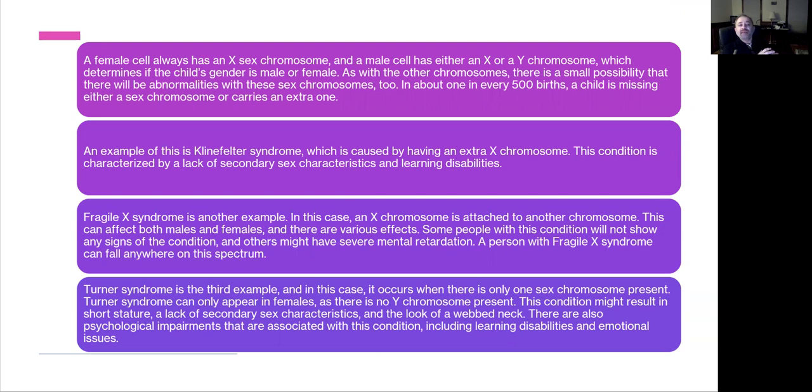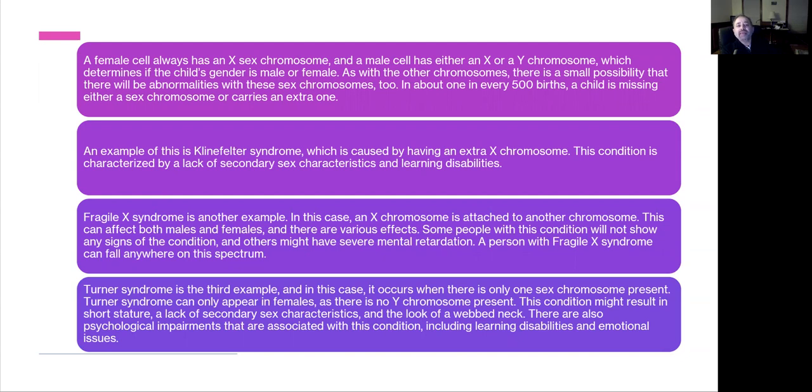So as with the other chromosomes, there is a small possibility that there will be abnormalities with the sex chromosomes. In about 1 in every 500 births, a child is missing a sex chromosome or carries an extra one, right?